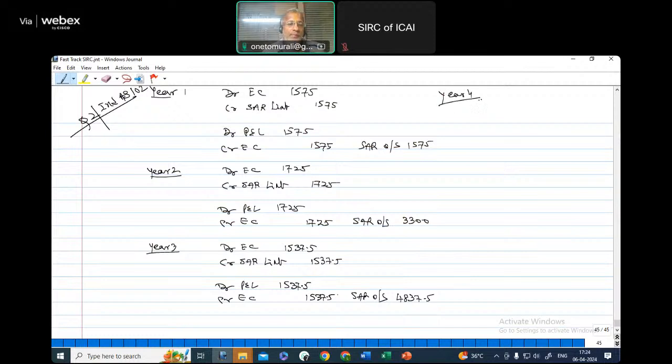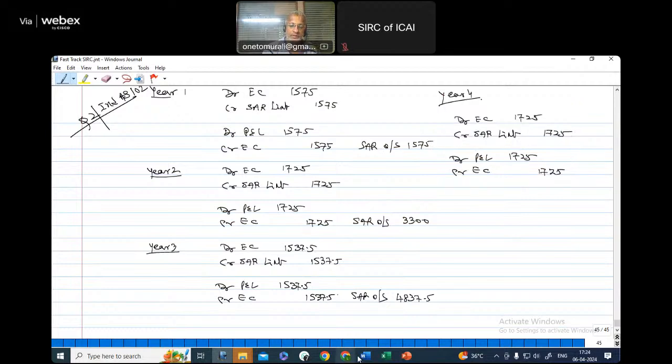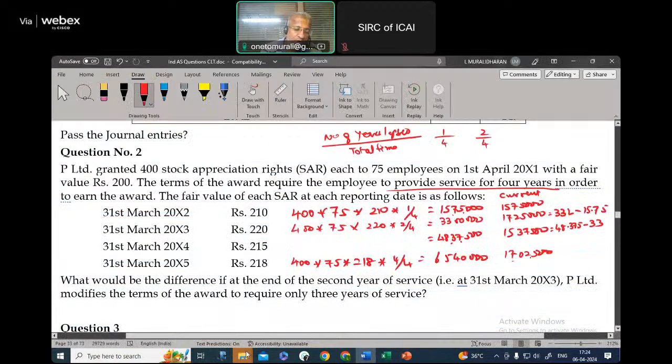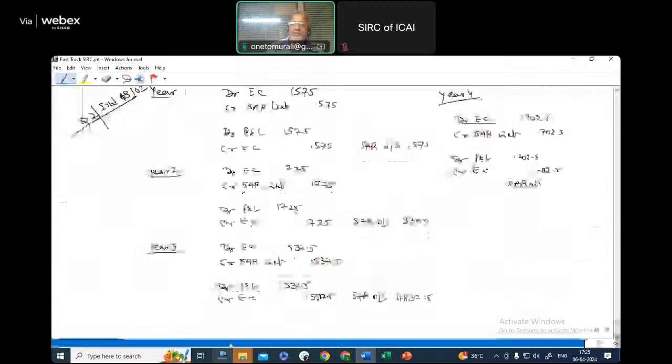Year number 4, at that point of time 17,02,500, and SAR outstanding is going to be the full amount of 65 lakhs and 40,000.